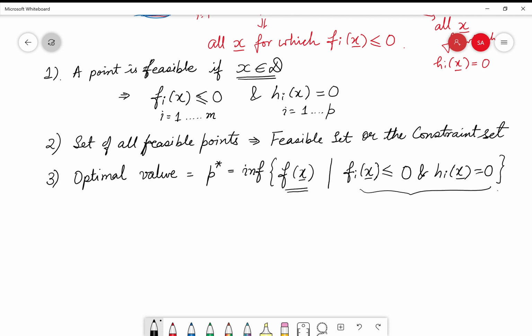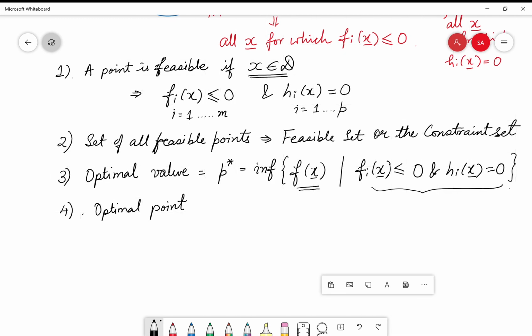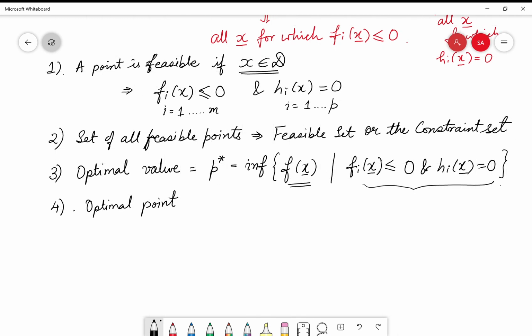So this is called the optimal value of the function, and the optimal point is the point at which this function attains this minimum value. Let me denote it as x star, and you can write f(x star) is equal to p star. So at this point x star, your function attains the minimum value.